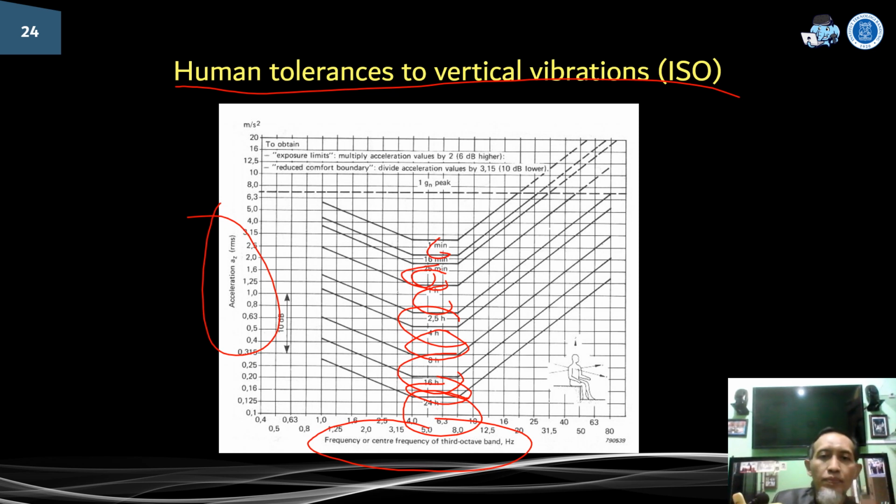So we can tolerate small acceleration for up to 24 hours. It's for low acceleration.